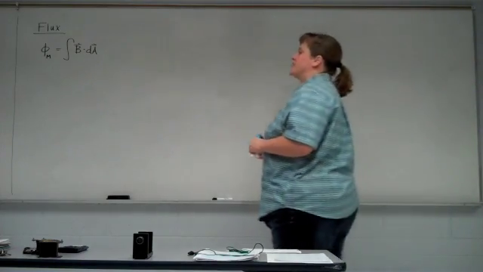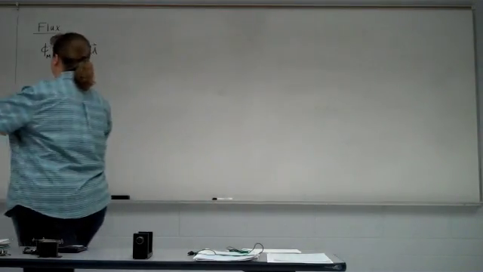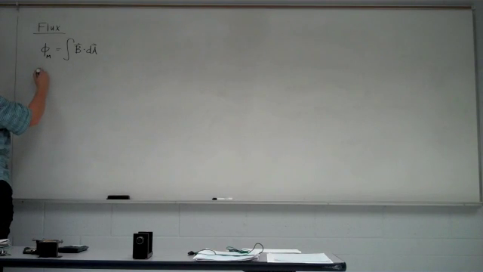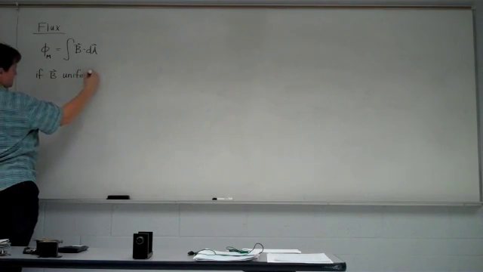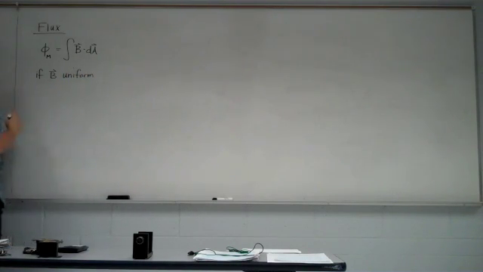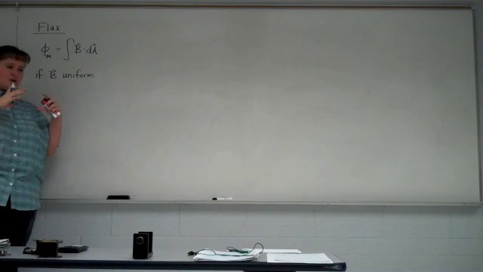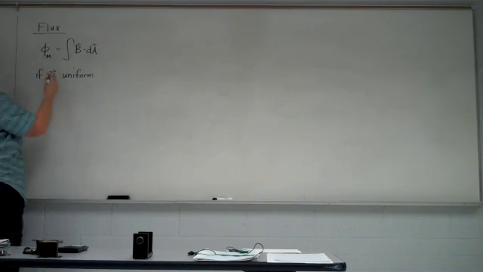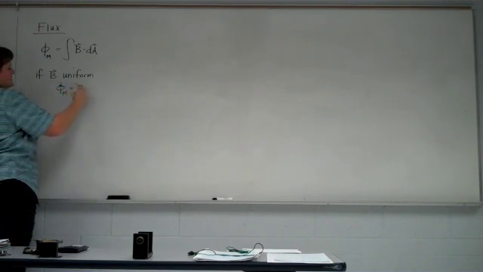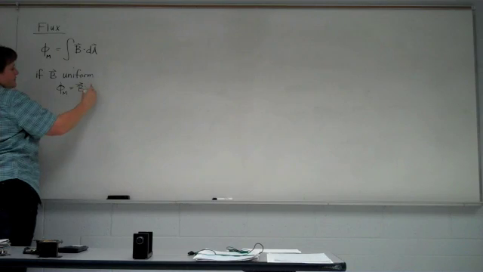If the magnetic field is uniform, meaning at any one instant in time it has the same value everywhere in your area, we can pull that out of the integral sign and we get simply B dotted with A.